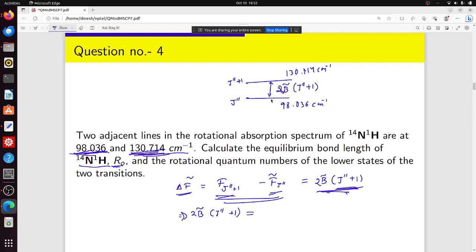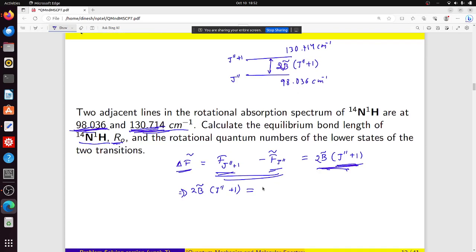So the energy difference between these two states will give us 2b tilde.